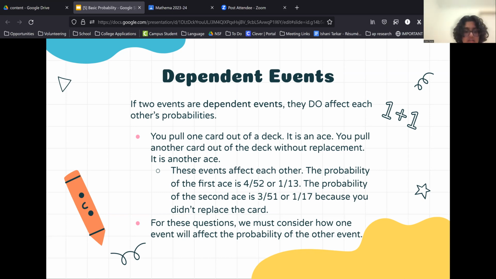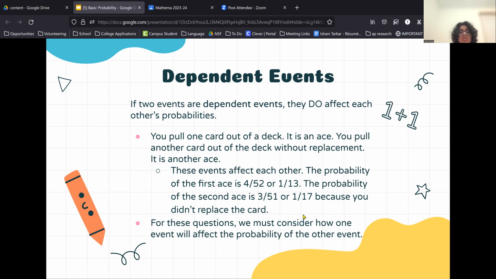Yes, you raised your hand, Iksha. I don't understand how it becomes 1/17th or 3/50. Okay, so in a deck of cards, we have 52 cards, right? But if I were to pull out a card from this original deck, and it is an ace, then that would mean that there is one less ace in the deck, right?